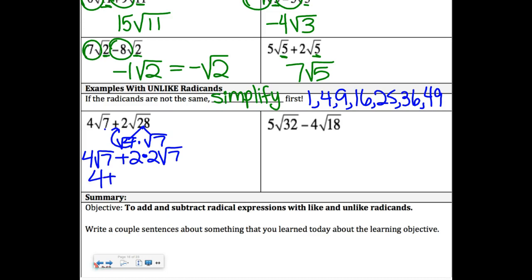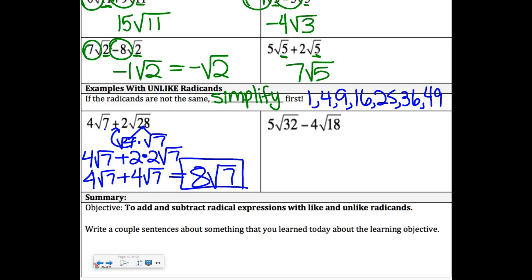Over here we still have this. This one's boring. This one's still the same, 4 square roots of 7. This one, the 2 times 2, that's going to become 4 square roots of 7. And now it's like the problems we did above. They both have the square root of 7. So we're going to take 4 plus 4, and that's going to give us 8 square roots of 7.